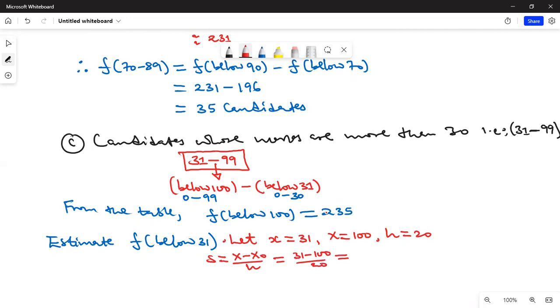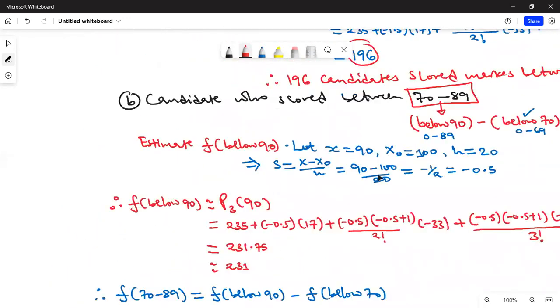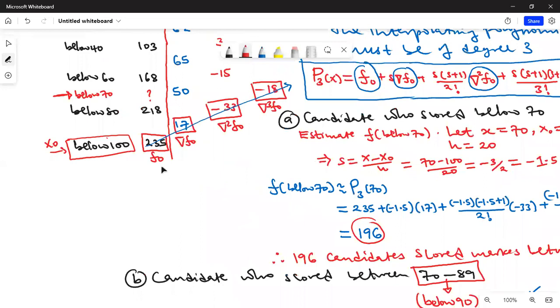That is negative 69 over 20. That's our s. So let us go back to the table and our polynomial and substitute f naught, delta f naught up to delta cubed f naught, and the s in that polynomial.